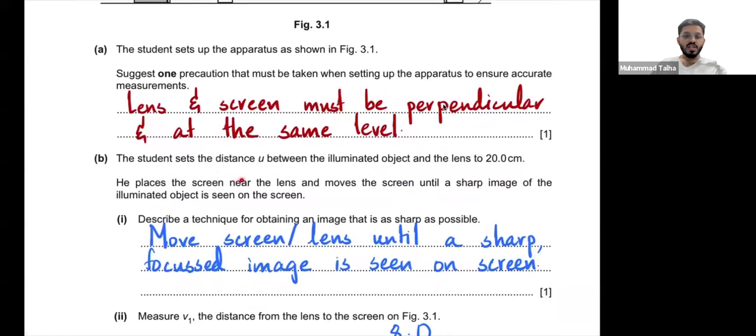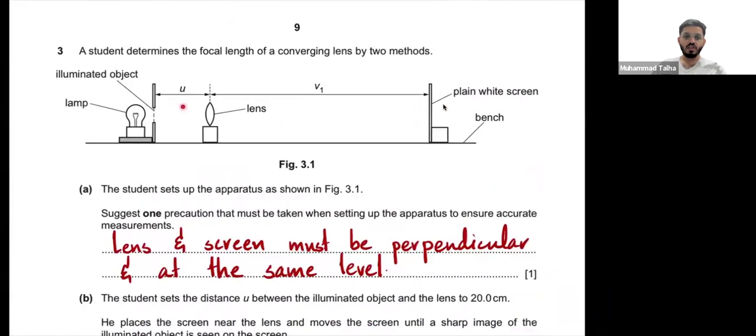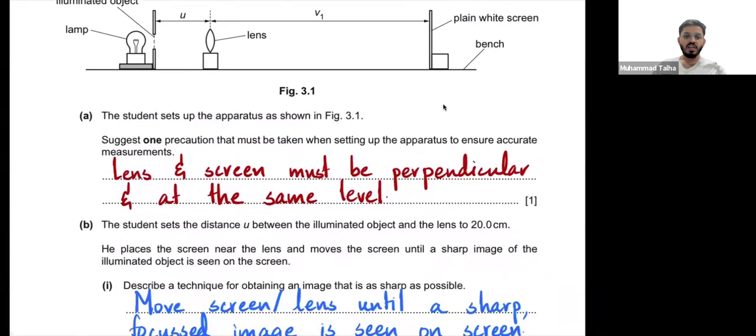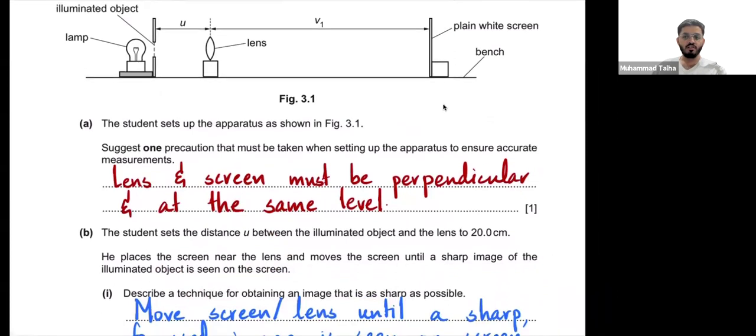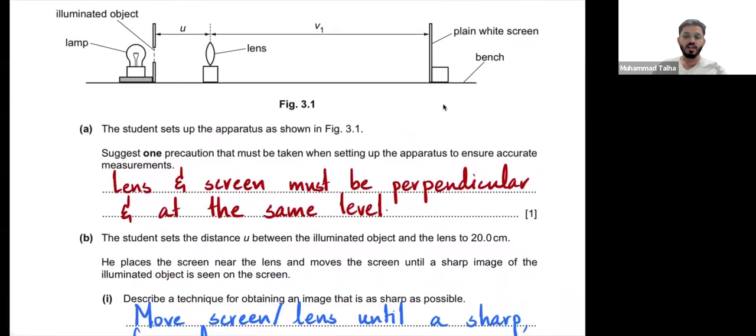Part B, the student sets the distance u between the illuminated object and the lens to 20 centimeters. So this length u is 20 centimeters. He places the screen near the lens and moves the screen until a sharp image of the illuminated object is seen on the screen. Describe a technique for obtaining an image that is as sharp as possible. Again, questions like these have been asked word for word in a lot of the older lenses past papers.